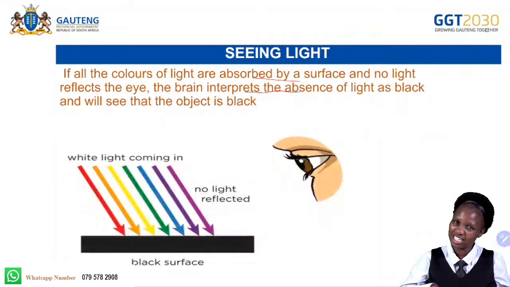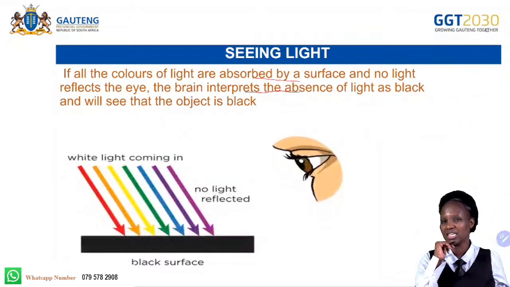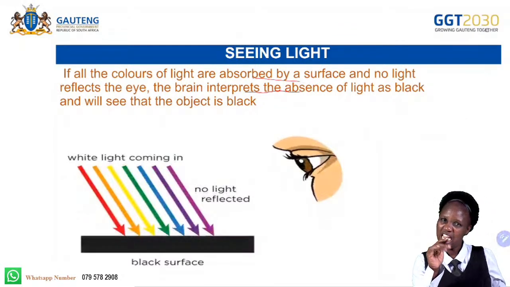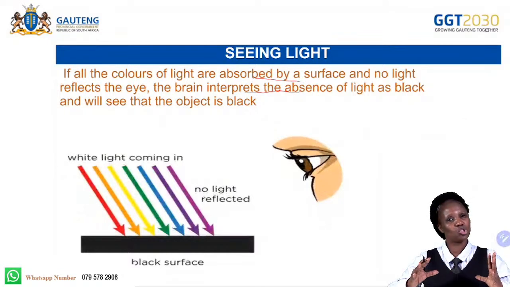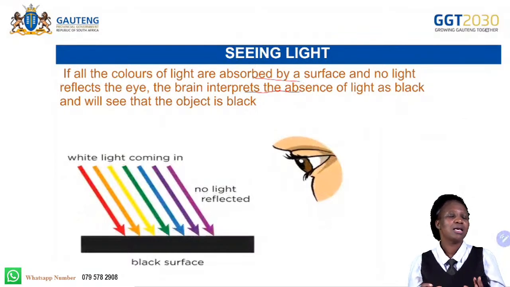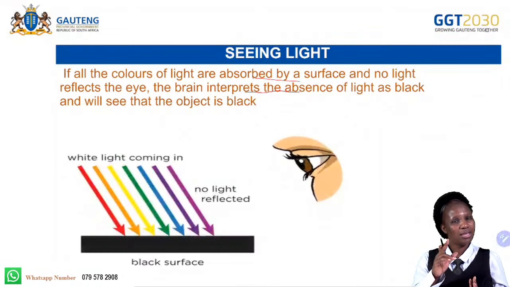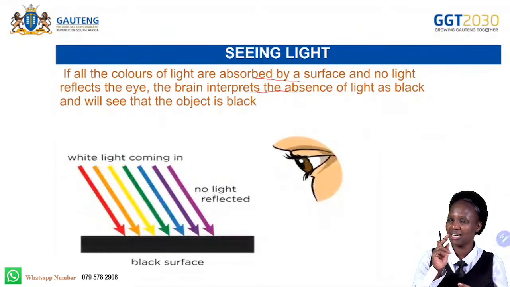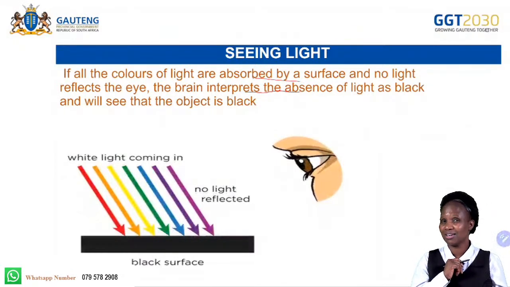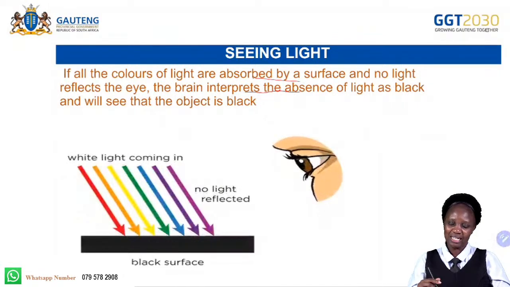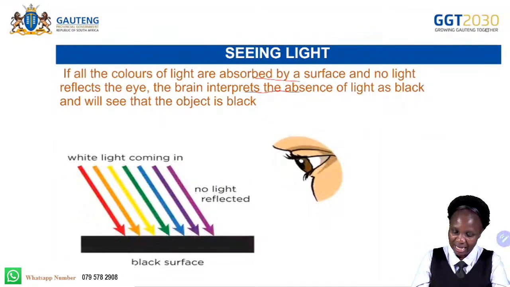It will be reflected from the surface. Then we'll see color. But if all the colors of the rainbow are being absorbed at a certain surface, then we'll see black. Why? Because no light is entering our eyes. Are we together? Good.